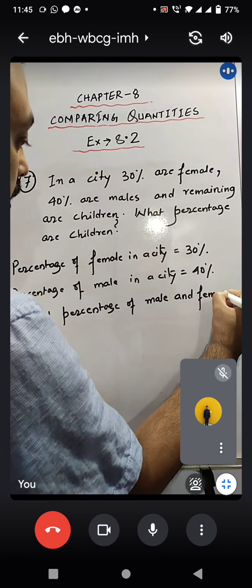So the total percentage of male and female is 70%. Now we will find out the percentage of children. Therefore, percentage of children.